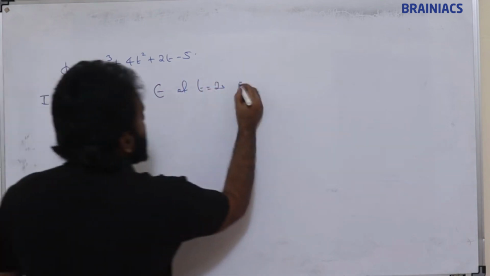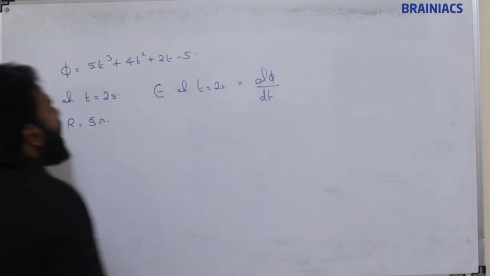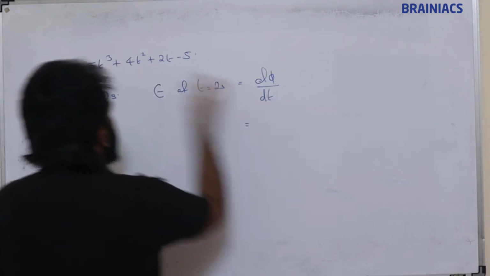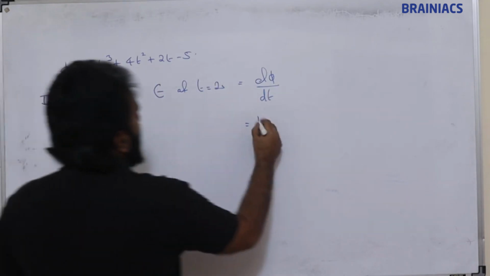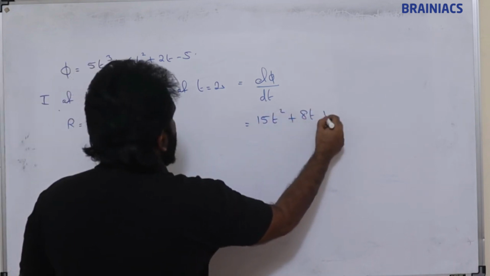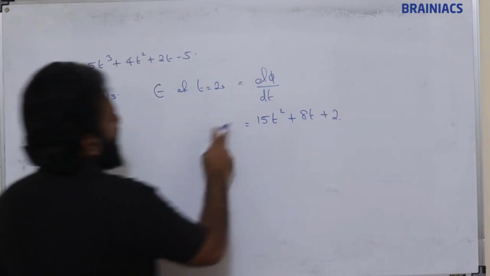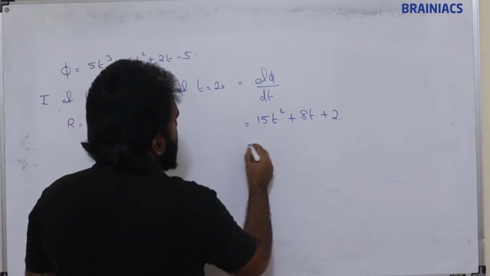This is nothing but d phi by dt. Just differentiating, we get 15t square plus 8t plus 2. This is E at t is equal to 2 seconds.